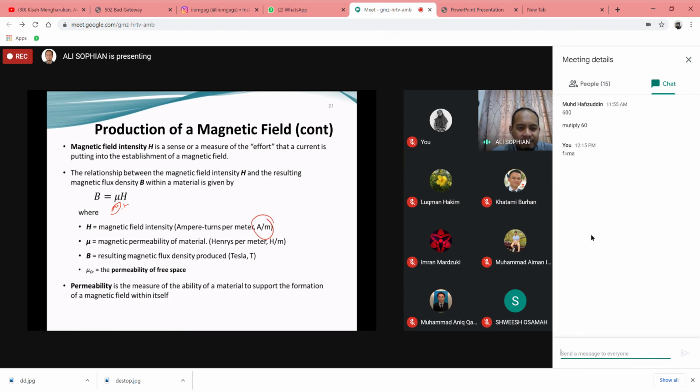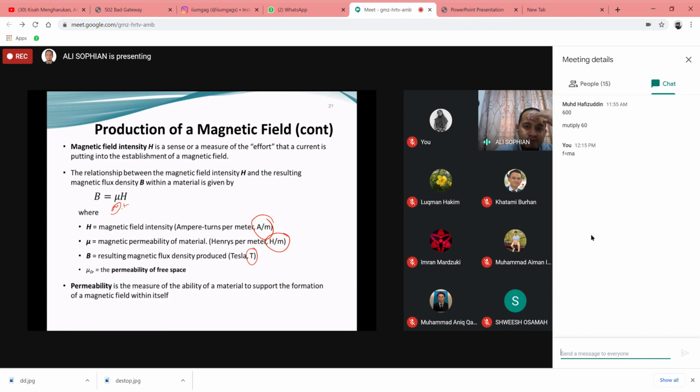Mu, magnetic permeability, is in Henry per meter, and B is in Tesla, or T, capital T. All right, and then there is a mu naught here, the permeability of free space.